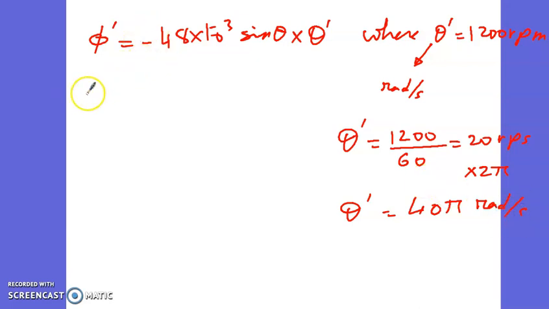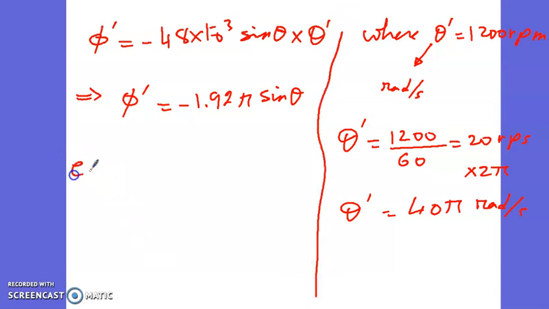So replace it here, we get phi prime is equal how much? Minus 1.92 pi sine theta. Okay, this is phi prime.